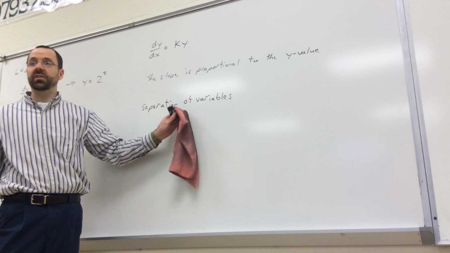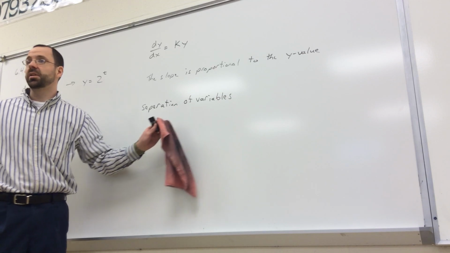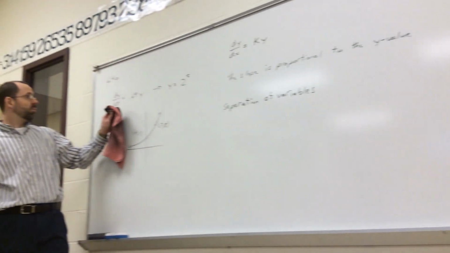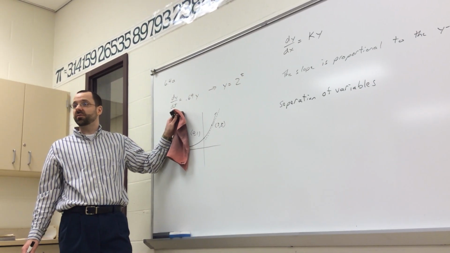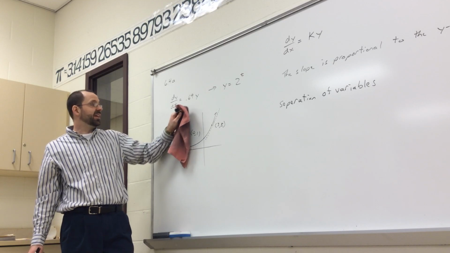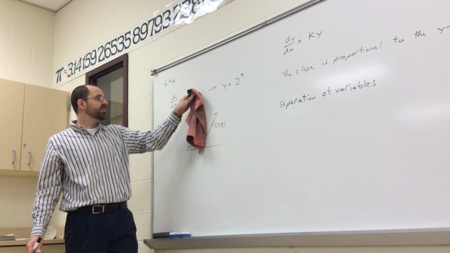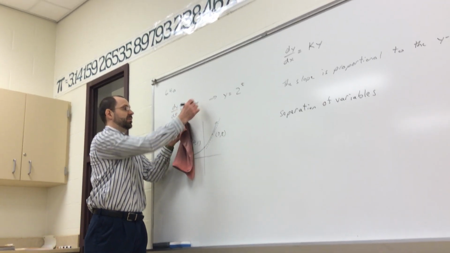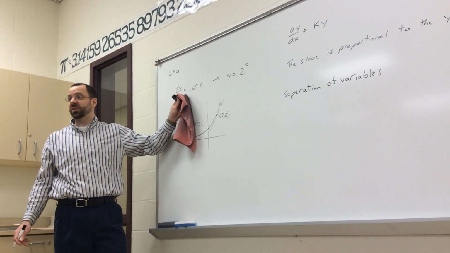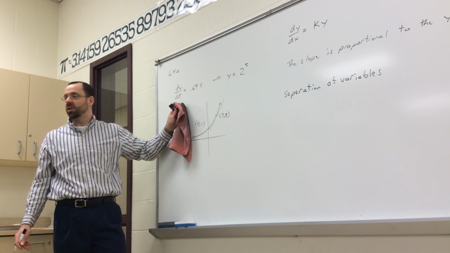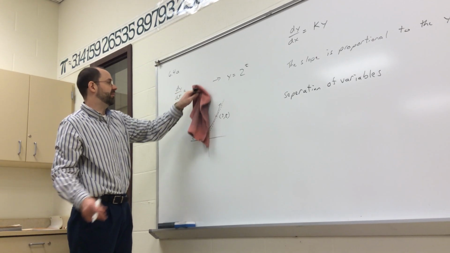But today I want to really nail down what separation of variables is. So why was this hard to solve? Because it had a y in it, right? So if this had been a t, it would have been easy to solve because we could have just taken the antiderivative. But the y there made it tougher.